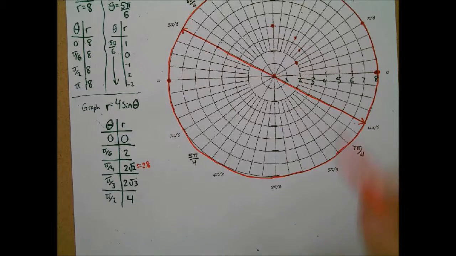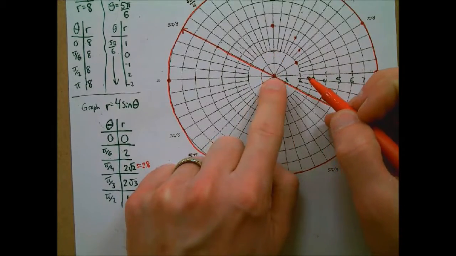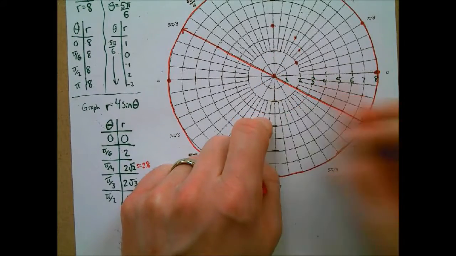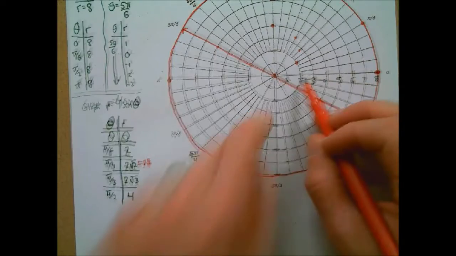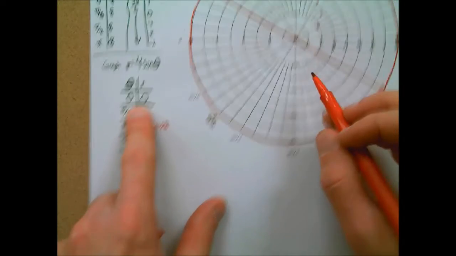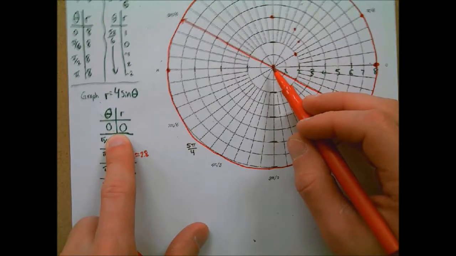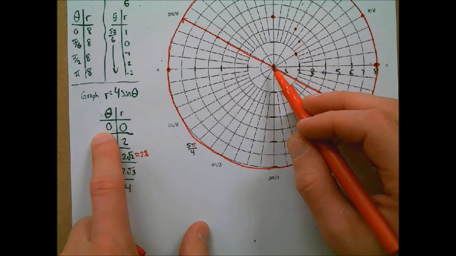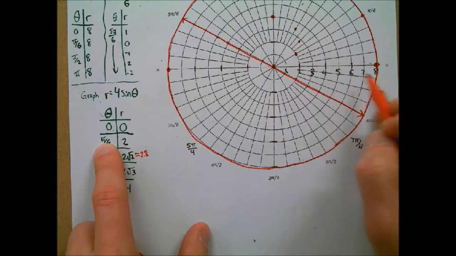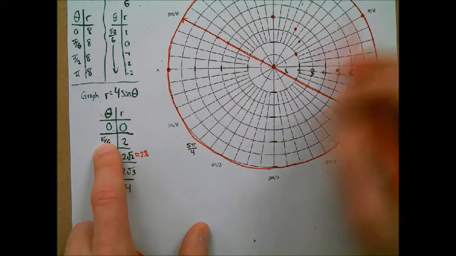If you think about it here, we're going from an angle of 0, right? This point was at an angle of 0, theta was 0, and our radius was 0. So we are 0 out from the pole. But then as we rotate from 0 to pi over 6, we are changing an r value from 0 to 2.